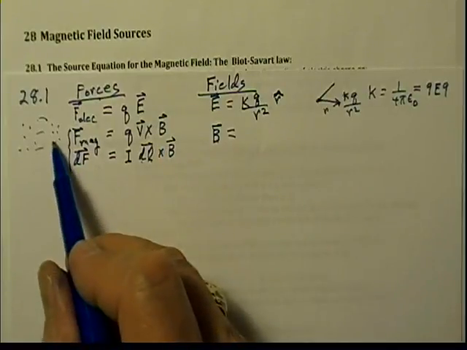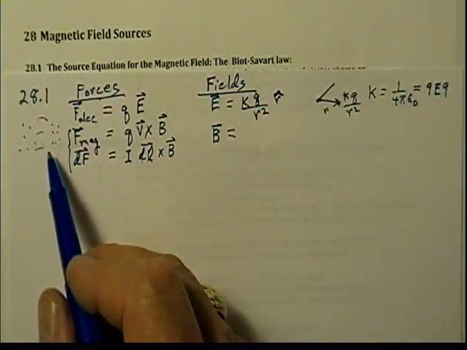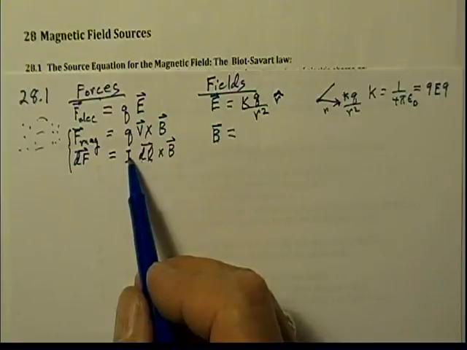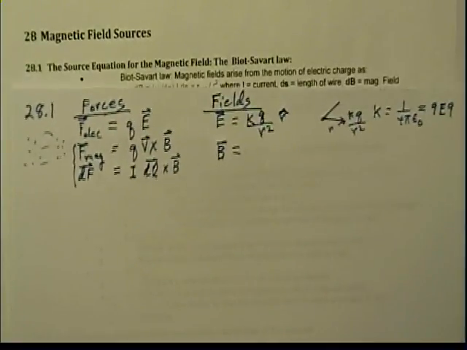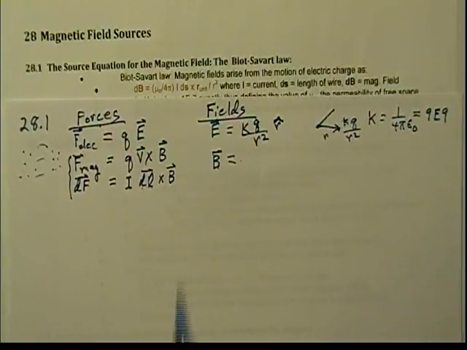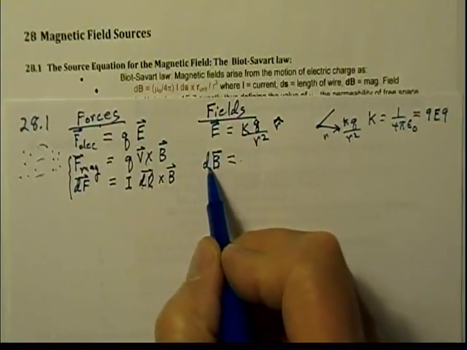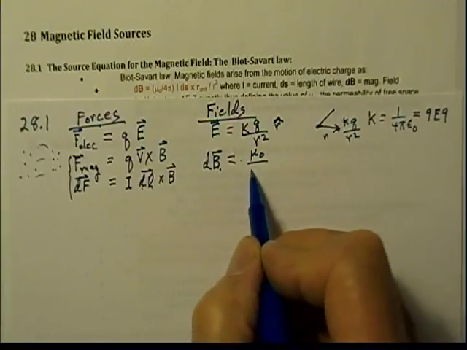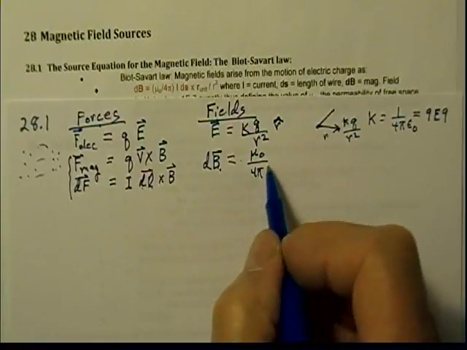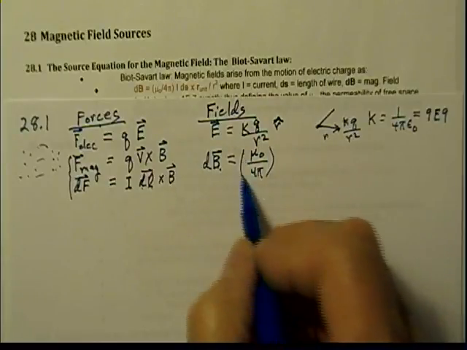Well, the magnetic field comes from the motion of charged particles, or currents. So what is this equation? Well, that will take us to the Biot-Savart law. Biot-Savart law says that the infinitesimal magnetic field is going to be mu naught over 4 pi, and that's the constant.